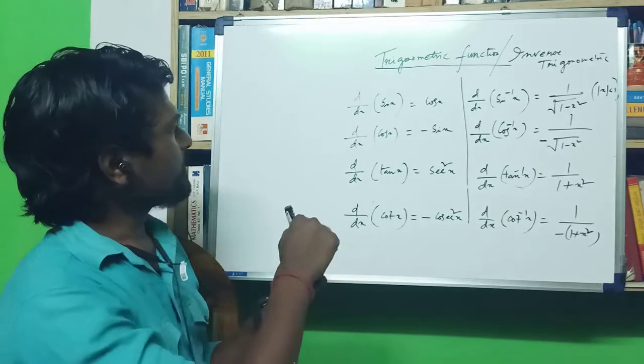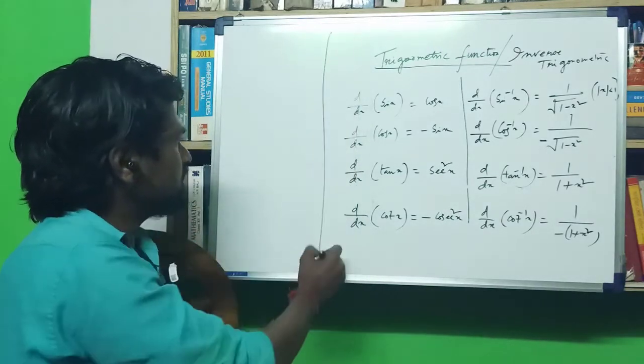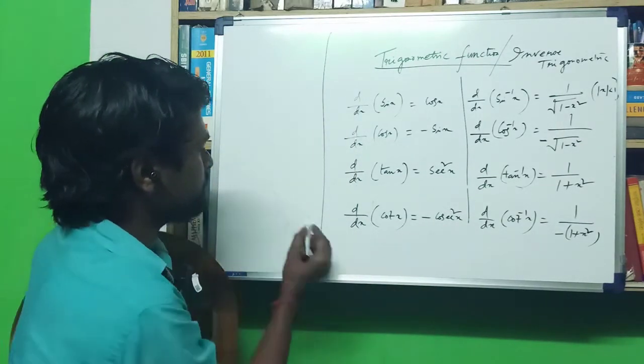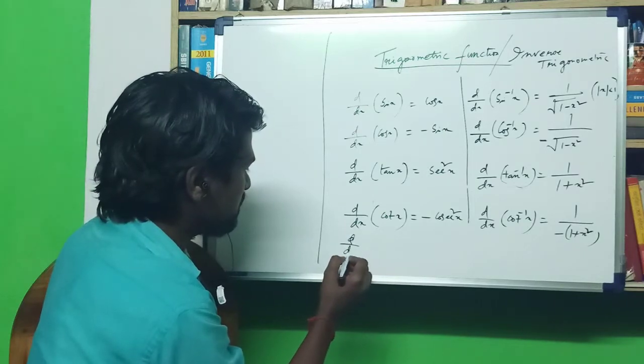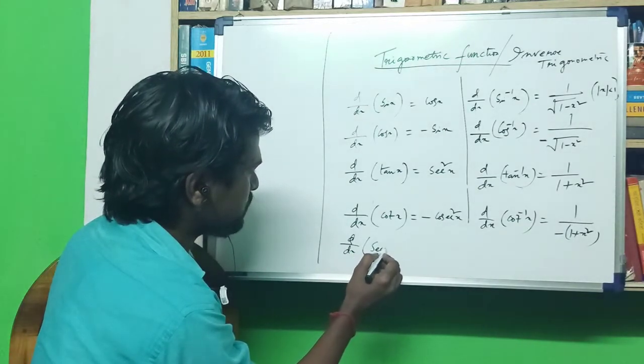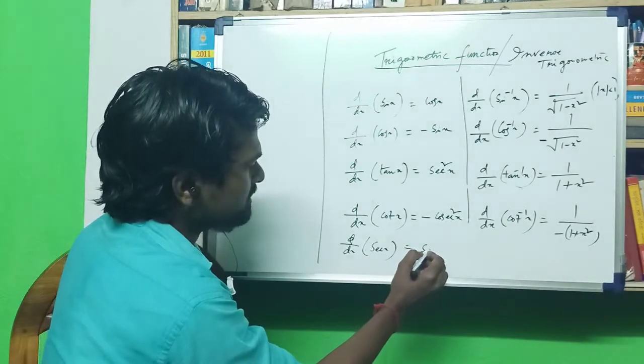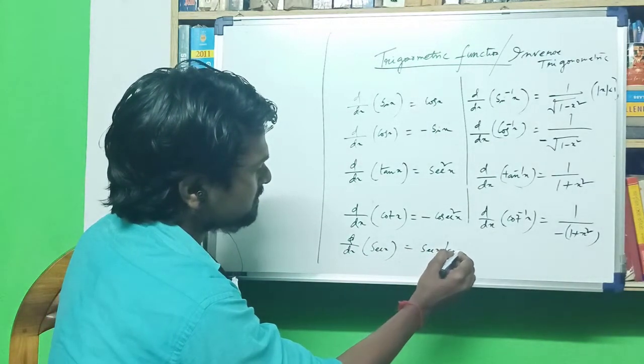Similarly, another function is d/dx of sec x. d/dx of sec x equals sec x into tan x.